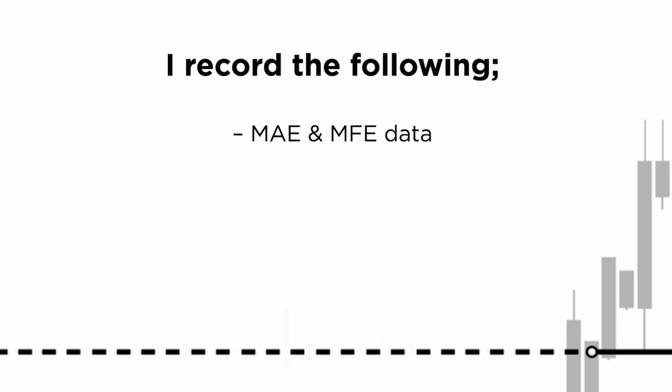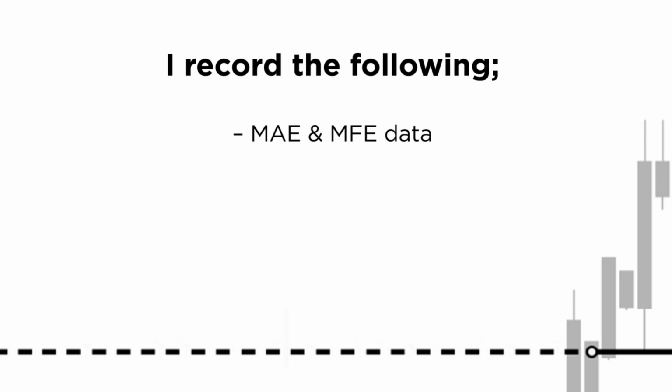Always start with MAE and MFE, which stands for maximum adverse excursion and maximum favourable excursion. If you don't know what these are, they're calculations that tell you, on average, how far price moves against you when you take a trade, and how far price moves in your favour when you take a trade. Very, very useful stats to be aware of.